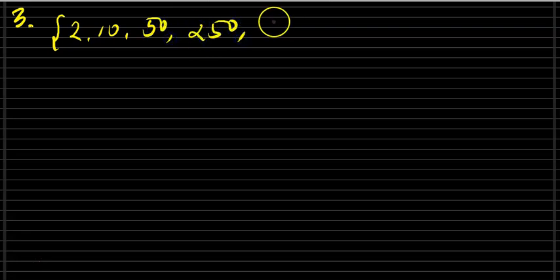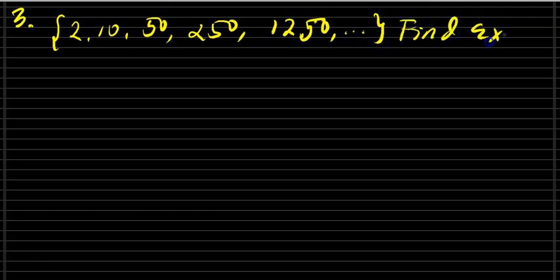So in this problem, we are going to be given a geometric sequence with these numbers: 2, 10, 50, 250, 1,250. Now, we're going to find the explicit formula. First, we're going to look at the ratio. What's going to be our ratio? 10 divided by 2 is going to give you 5.